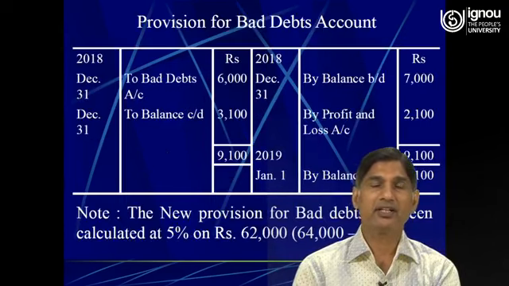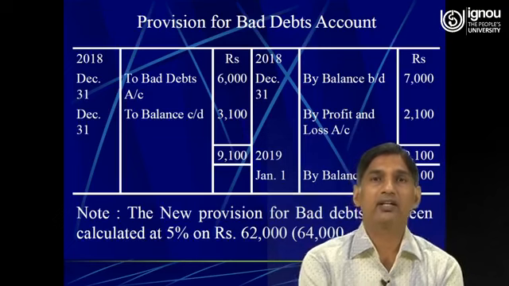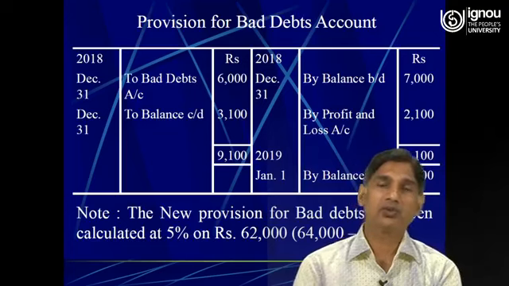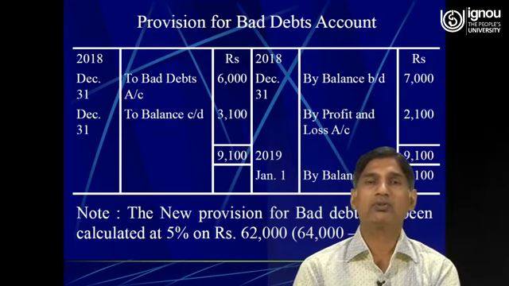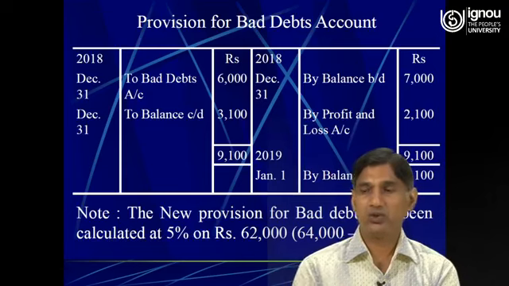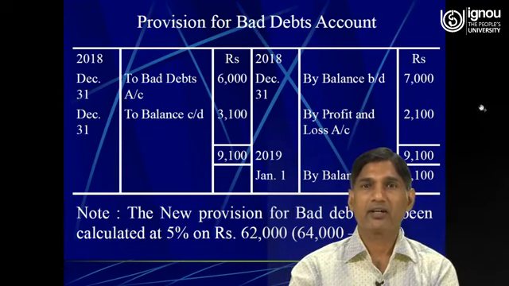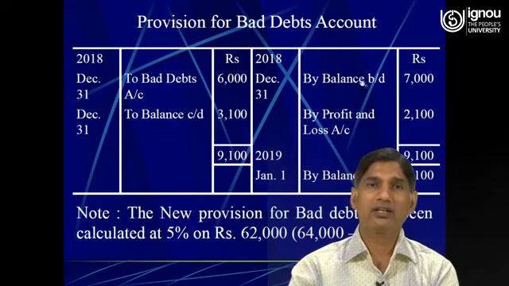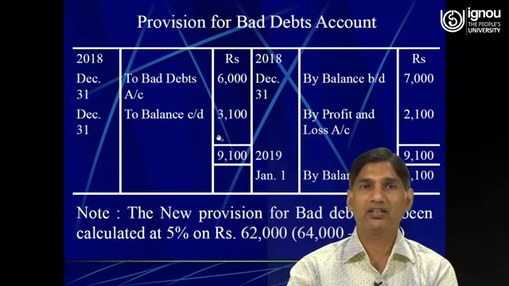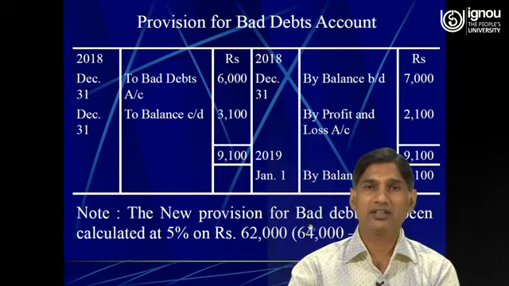Then the next one is provision for bad and doubtful debts. Here, as I have made it 2,100, the net amount of rupees 2,100 is debited to the profit and loss account, because old provision 7,000 is given, that is shown in the credit side here. Credit side 7,000, this is the old provision, and bad debts 6,000 we have already calculated from the previous one, and the balance 3,100 here is given as the new provision.